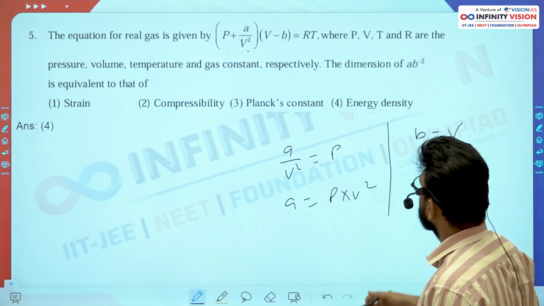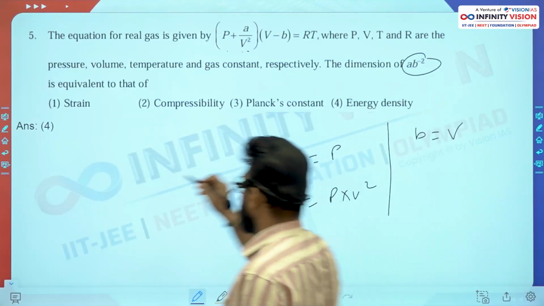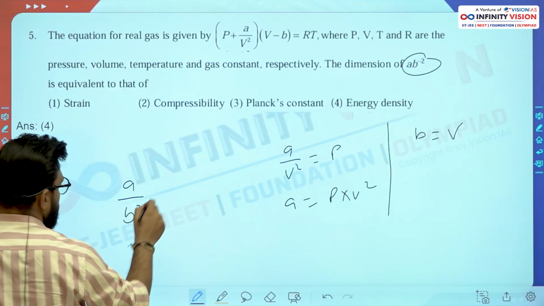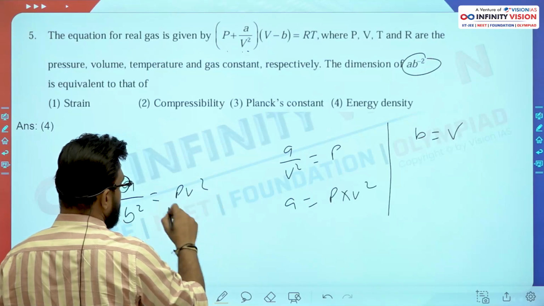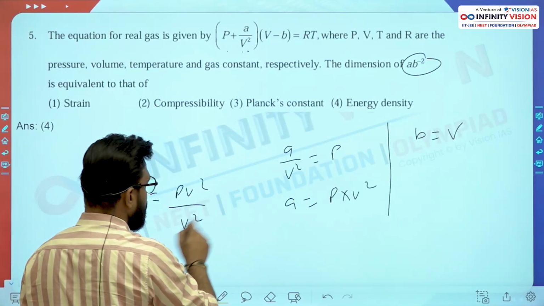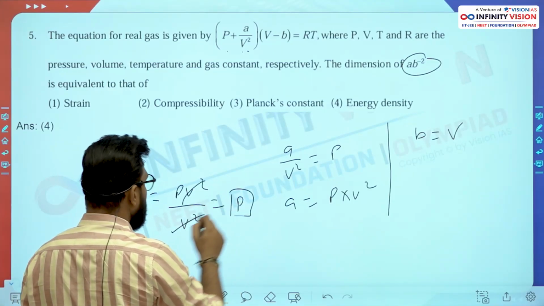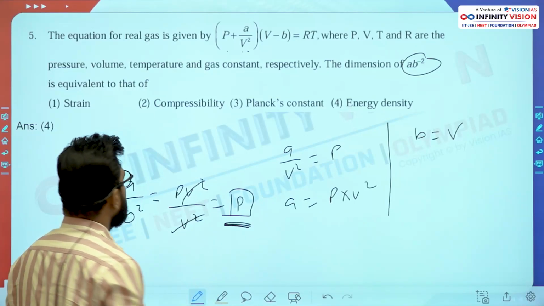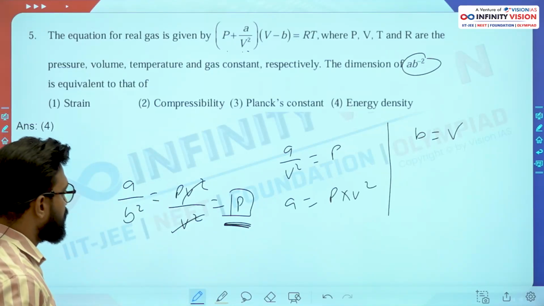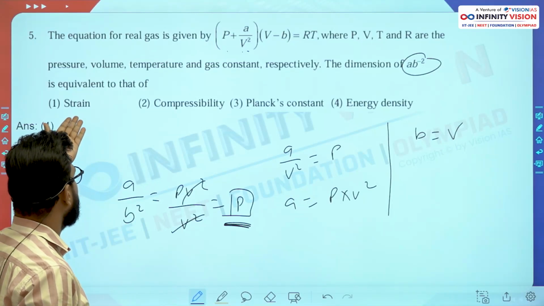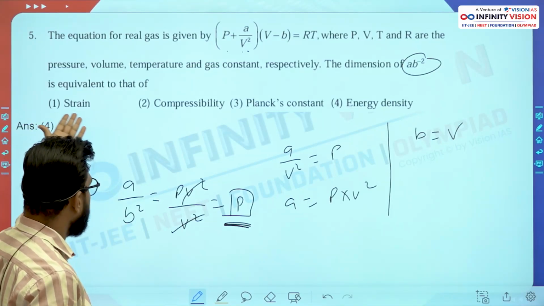Okay, so you have to calculate the A by B square dimension. That is P V square by V square, which is equivalent to the dimension of pressure. So which quantity would have the same dimension as that of pressure? Strain won't have any dimension because it is dimensionless.